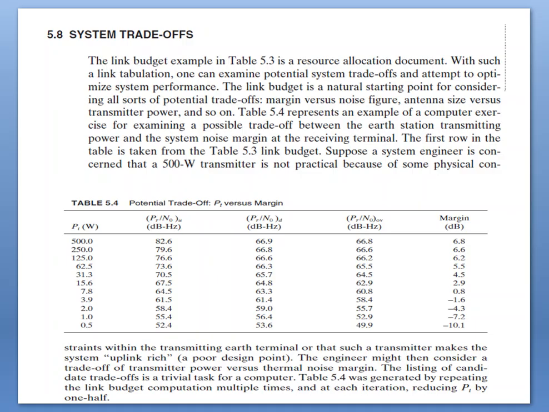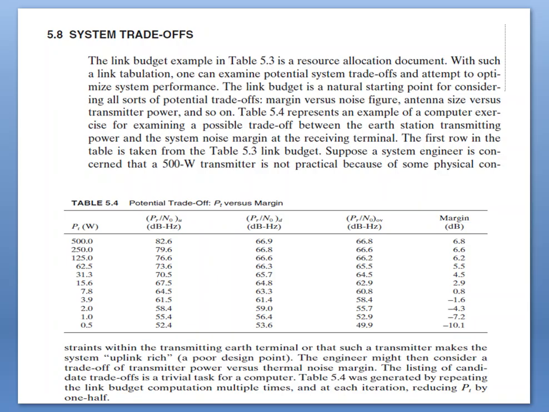Or he might be willing to provide, say, a transmitting power equal to 100 watts. Since he may want to consider additional trade-offs, the engineer would start a new tabulation with a transmitting power of 100 watts and again perform successive link budget computations to provide similar enumerations of possible trade-offs.